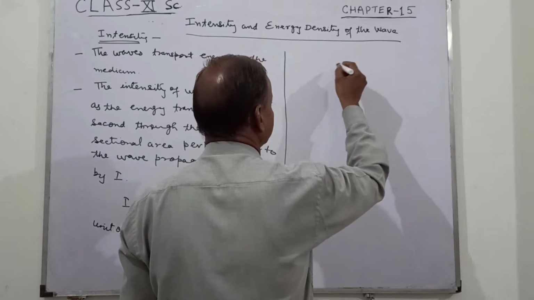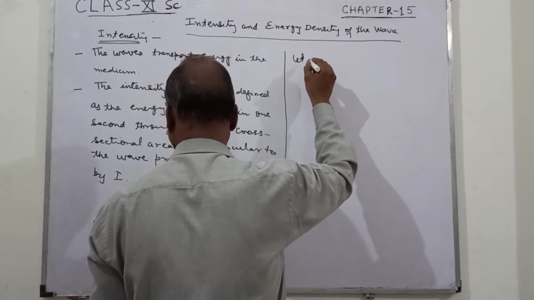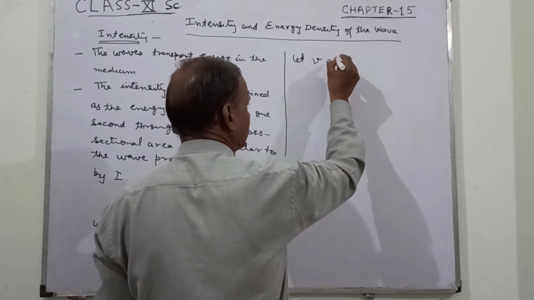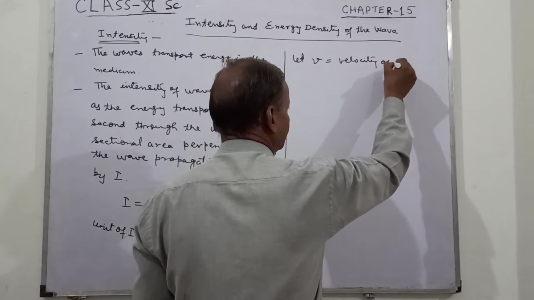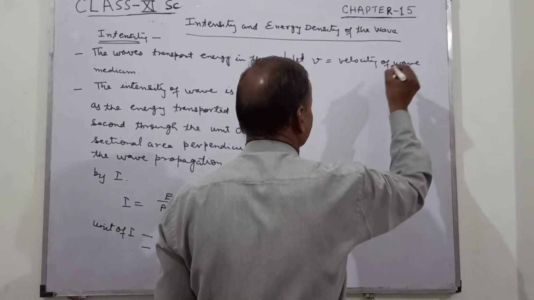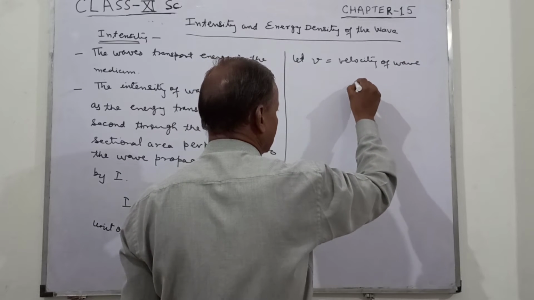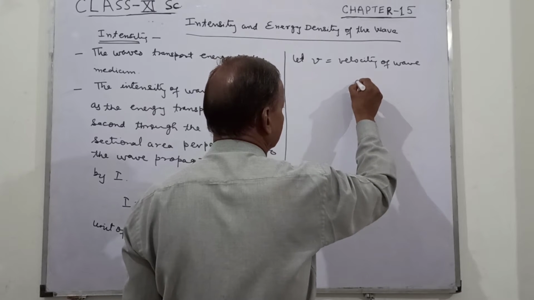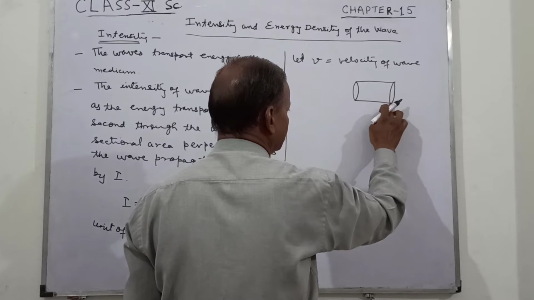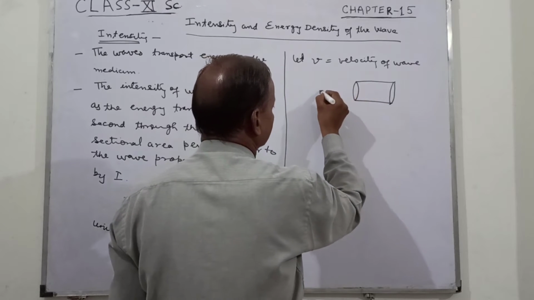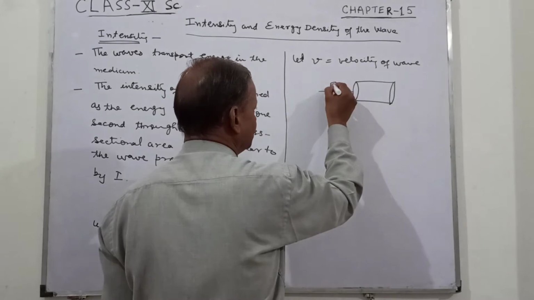Now let us suppose that v equals the velocity of the wave, and let us suppose that this is the cross-sectional area. The wave energy flows like this. This is the energy.